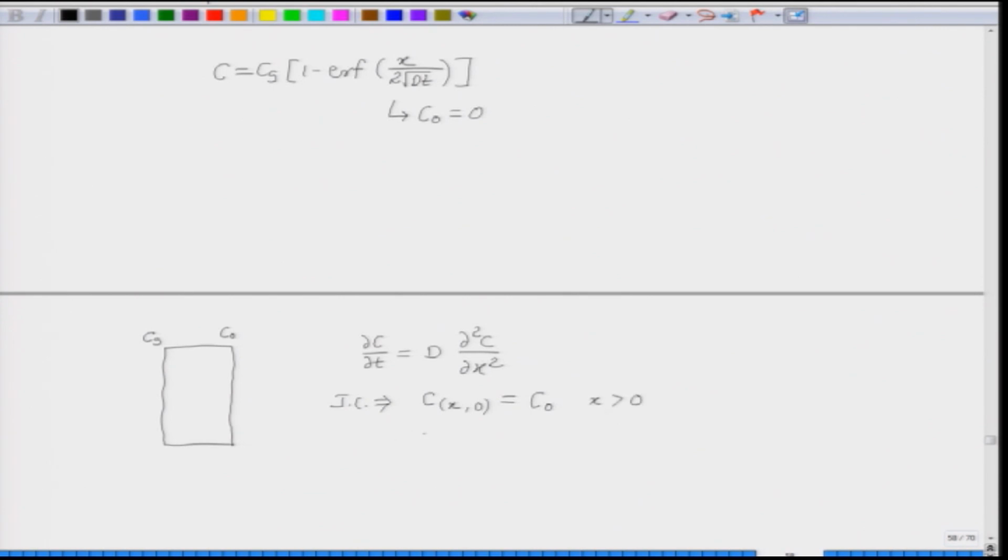The boundary conditions are C at x equal to 0 at any time t is C s, and since we are maintaining infinite boundary conditions, the surface is x equal to 0 and the other end is x equal to plus infinity. So C at infinity at any time t is the original concentration, that is C naught.